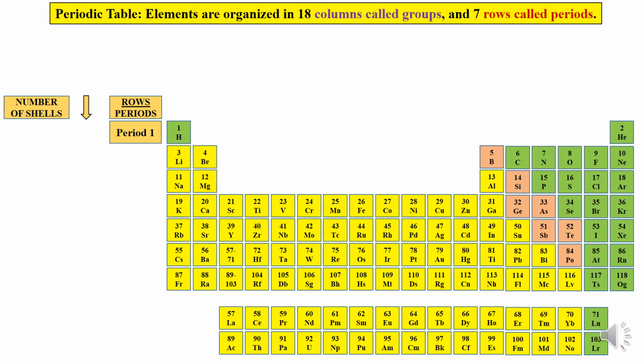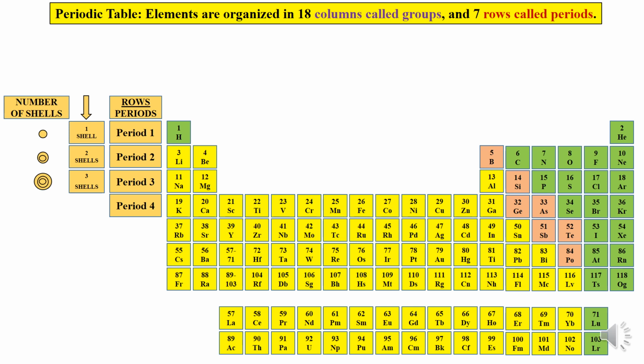Period 1 elements in row 1 have just one electron shell. Period 2 elements in row 2 have 2 electron shells. Period 3 elements in row 3 have 3 electron shells. Period 4 elements in row 4 have 4 electron shells.